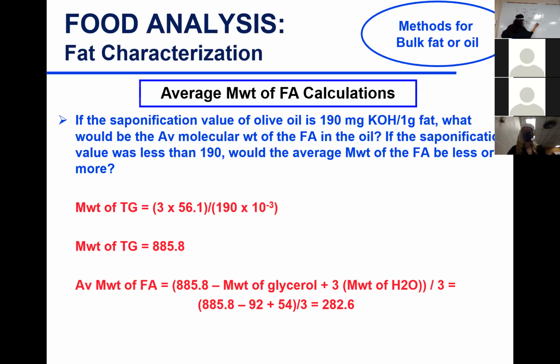This is going to give me 3 fatty acids. What does this give me? Does somebody have the value? 885.8 plus 54 minus 92. 847.8.